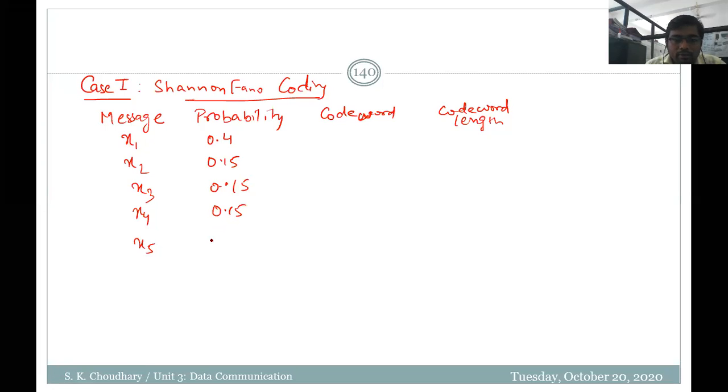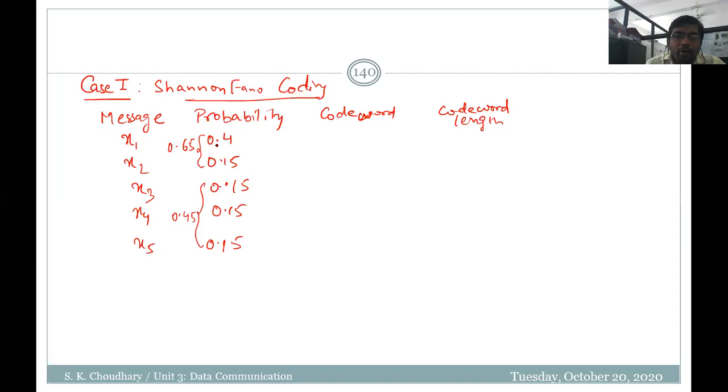So for this purpose, what is the method? We have already arranged the symbols in decreasing order of probability. Now we have to make a partition into two nearly equal probable groups. If you see, the first two have the value 0.65 and the rest of the 3 have 0.45.